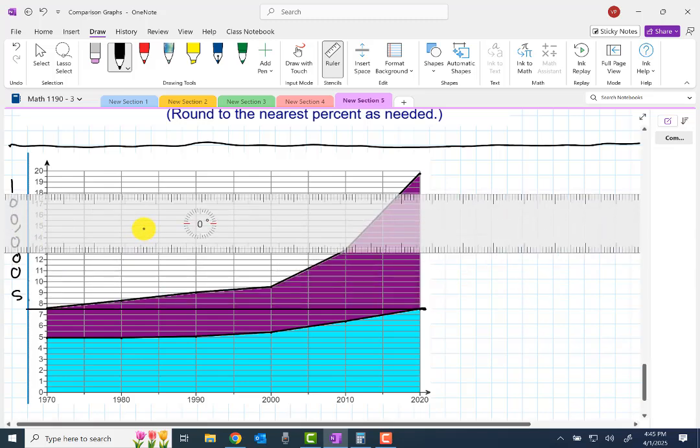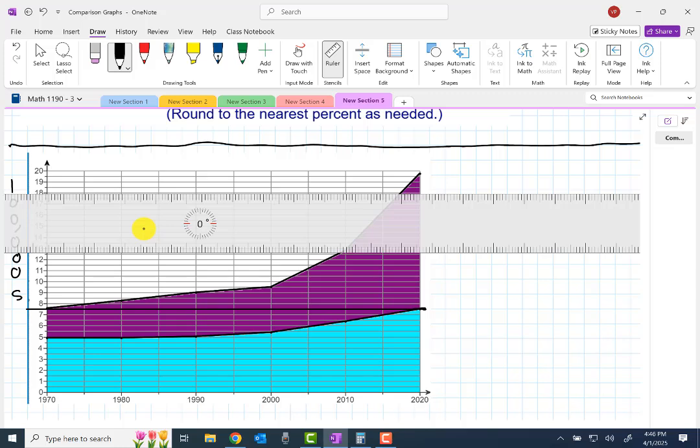So the males, it looks like it's halfway between 7 and 8. So remember, these are 100,000. So that's halfway between 700,000 and 800,000. So I don't really have much choice but to say 750,000 would be my estimate.